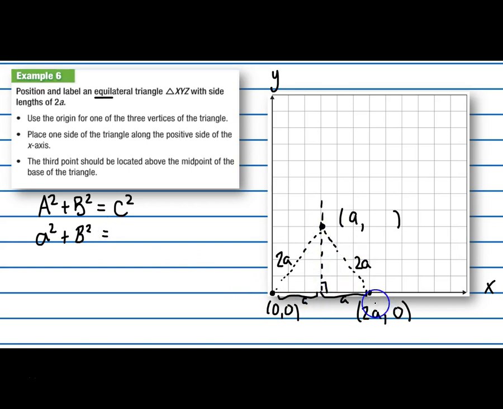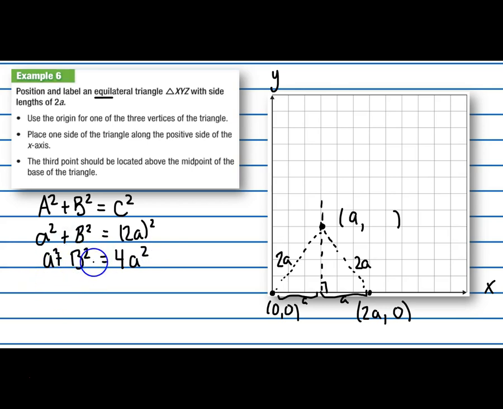Remember, c squared is always our biggest length, our hypotenuse length. In this case, it's 2a. And don't forget the square. So we have a squared plus b squared is equal to 4a squared.